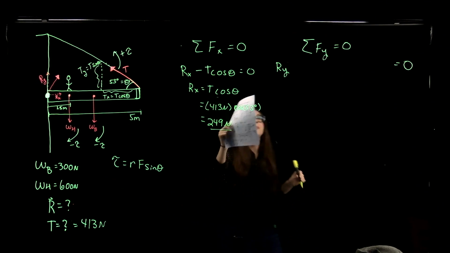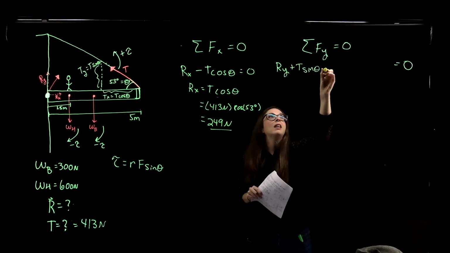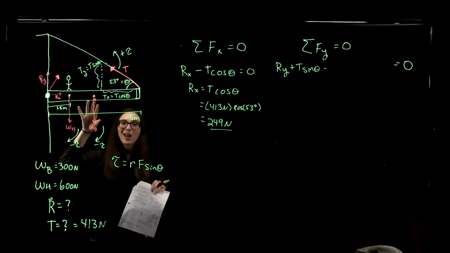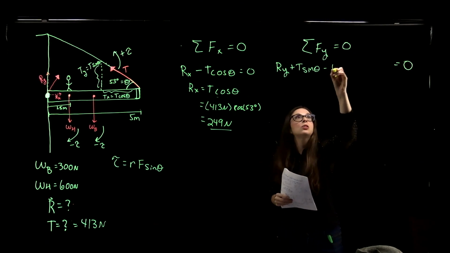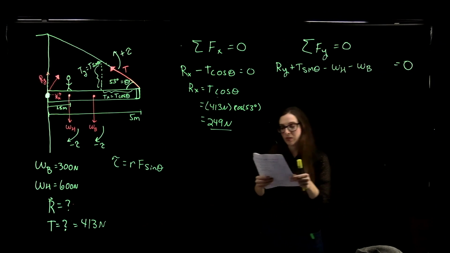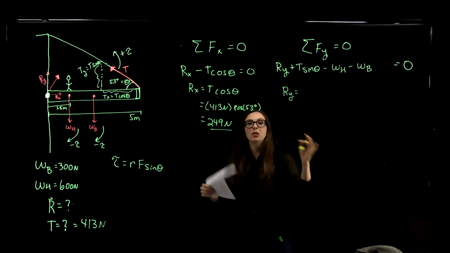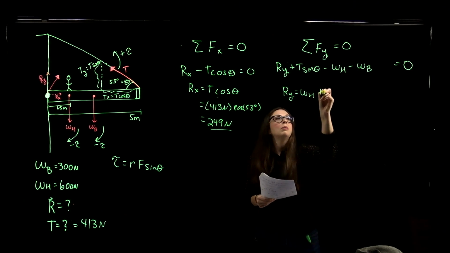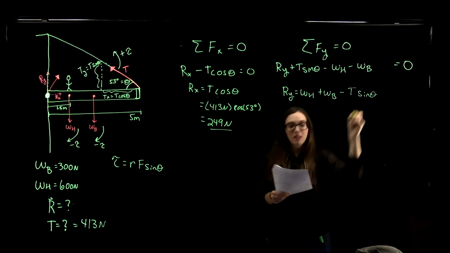So then I've got Ry plus T sine theta, and then minus the weight of my human and the weight of the beam. Those are all pointing down. So then we've got minus the weight of the human minus the weight of the beam. That all has to equal 0. So then the y component of the force that the wall exerts on the beam is equal to the weight of the human plus the weight of the board minus T sine theta.